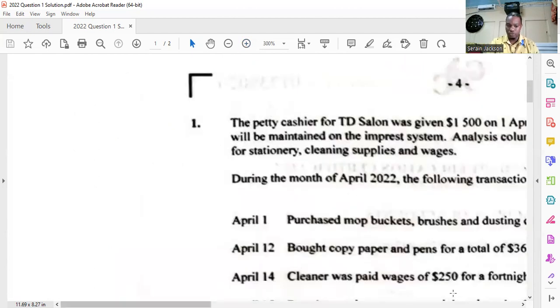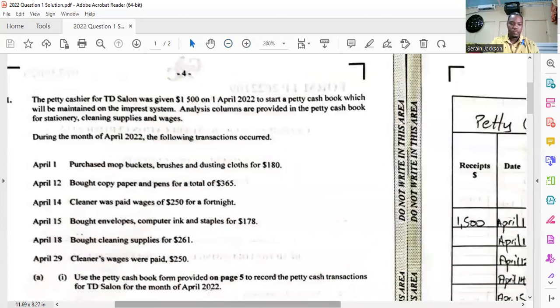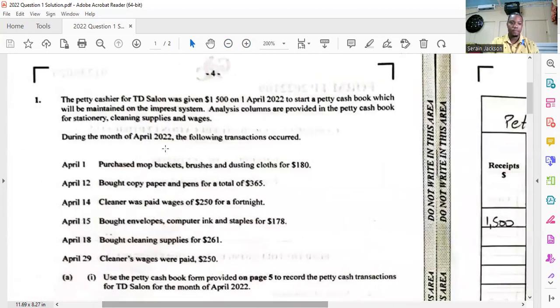I just want you to recognize that. It says analysis columns are provided in the petty cash book for stationery, cleaning supplies, and wages. And during the month of April 2022, the following transactions occurred. Then they give us the transactions here.